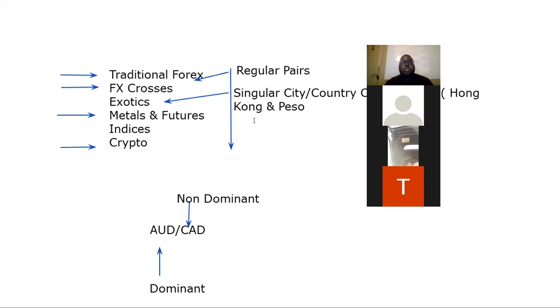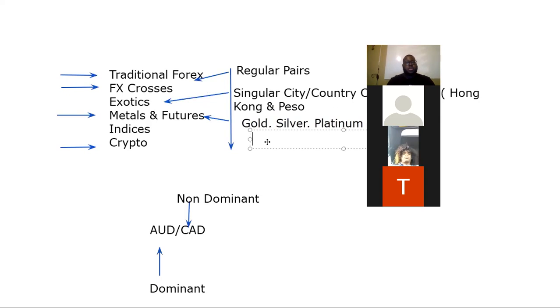Metals and futures. Metals more specifically is like gold, silver, platinum. That's what this is. Indices.